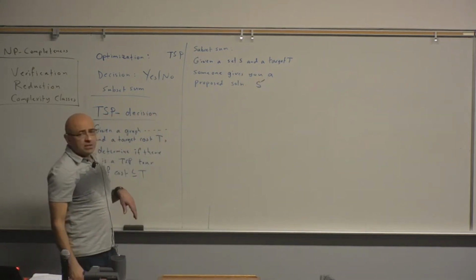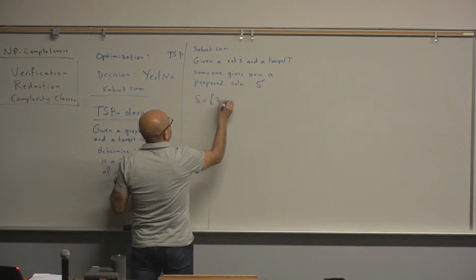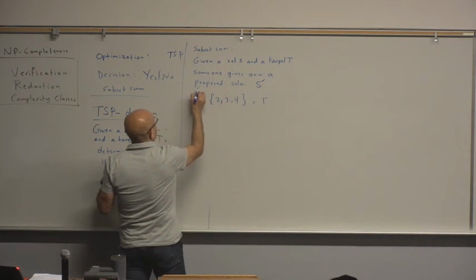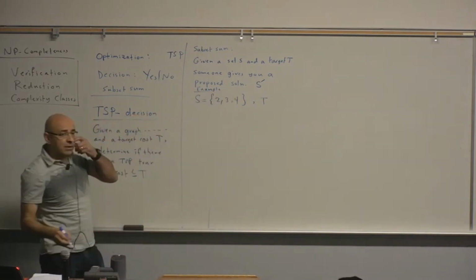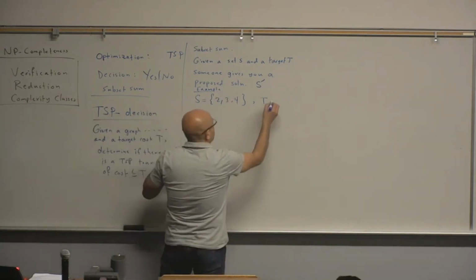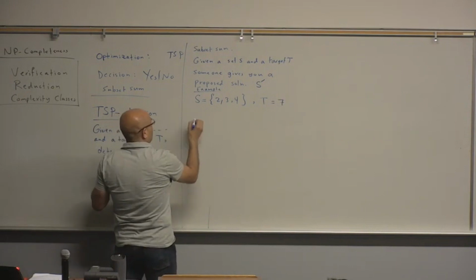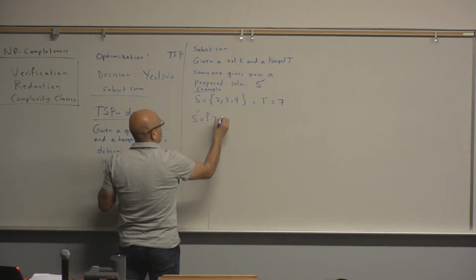Someone gives you a subset. So let's put just some numbers. This is an example. S equals {2, 3, 4}, and T equals 7. Someone says, okay, this is a proposed solution for you: S prime equals {3, 4}.